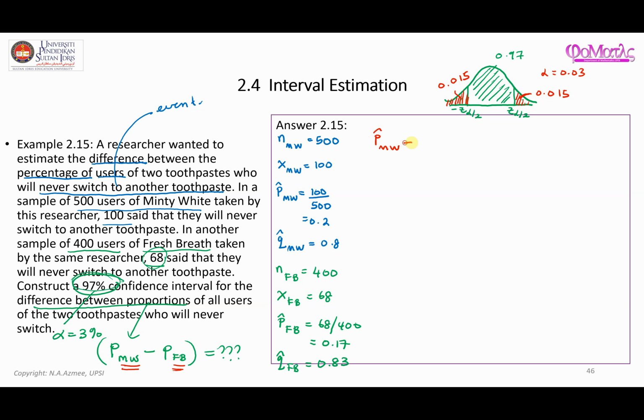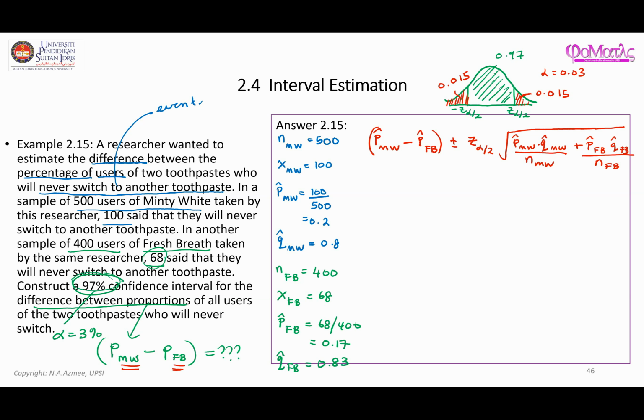So minty minus the sample proportion for fresh breath, plus minus the z quantile from the standard normal distribution, multiplied with the square root of the sample proportion for minty times the q hat for minty over the sample size for minty, plus the sample proportion for fresh breath times the q hat for fresh breath over its sample size.